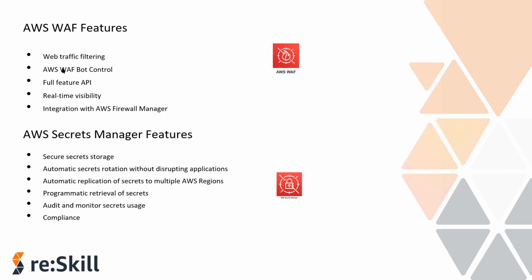Let's move to the next feature, which is known as AWS WAF Bot Control. So what is Bot Control? Bot Control is a managed rule group that gives you visibility and control over common bot traffic that can consume excess resources, skew metrics, cause downtime, and perform other undesired activities.